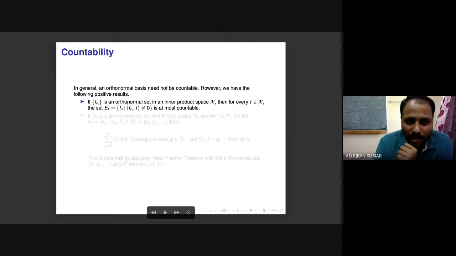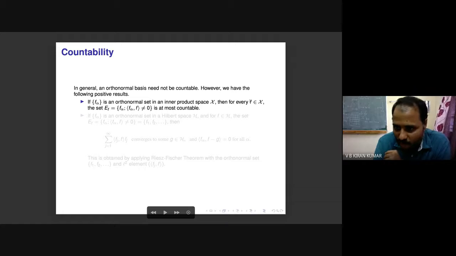There are several interesting examples where orthonormal bases are countable. But even though it is uncountable, you have a positive result like this. If F alpha is an orthonormal set in an inner product space X, then for every f belongs to X, the set of all F alpha for which the inner product of F alpha and f is non-zero is at most countable. This is a very important result because these quantities are going to be the coefficients in our basis expansion.